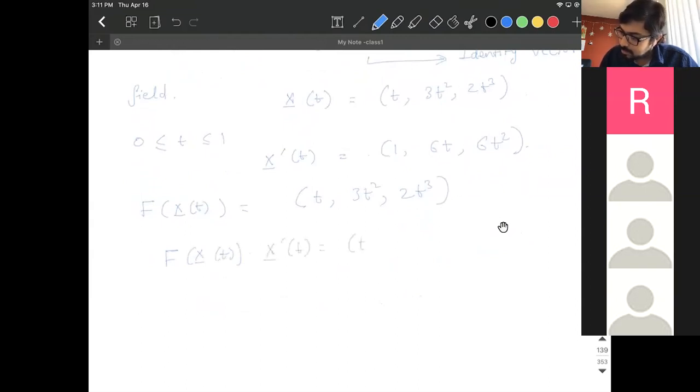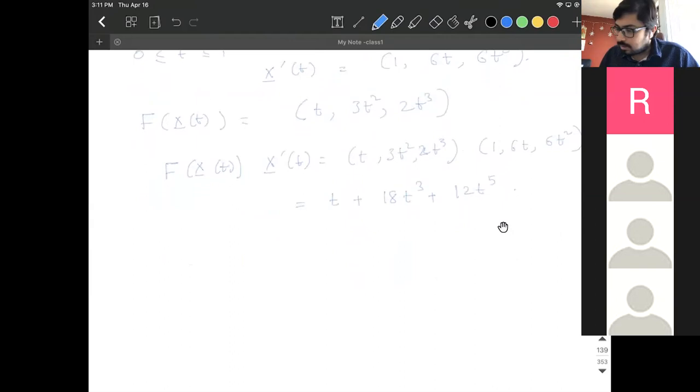So this is (t, 3t², 2t³) dot (1, 6t, 6t²). So this is given by t plus 18t³ plus 12t⁵. Okay, so this is the dot product, and that's it.